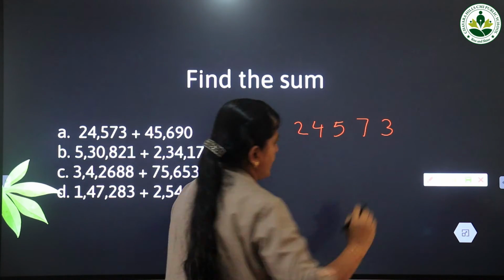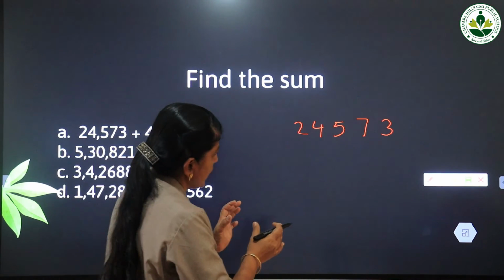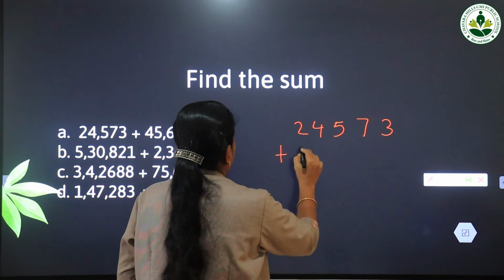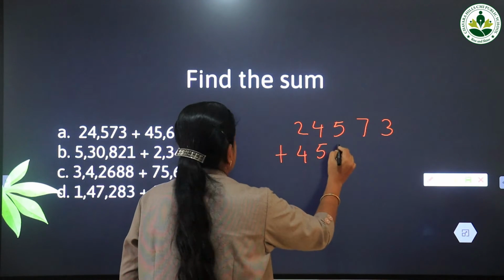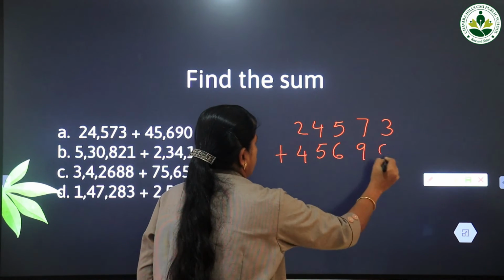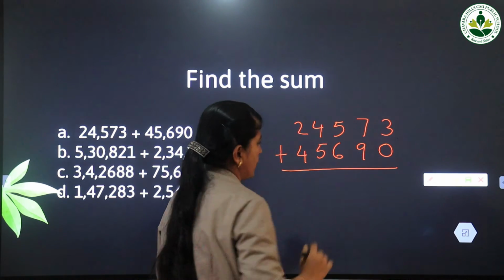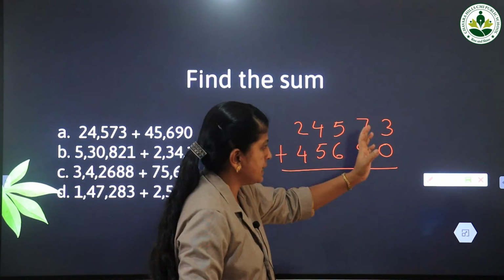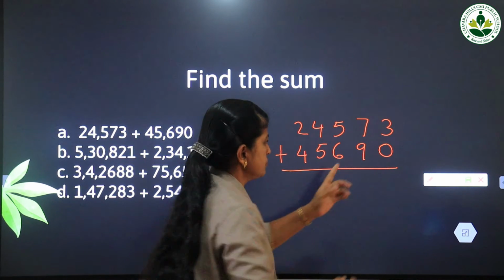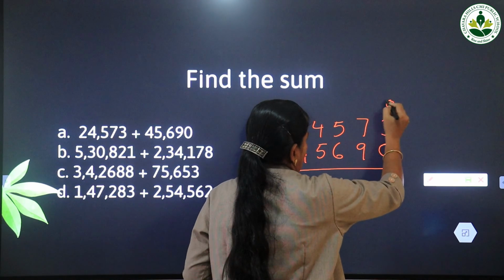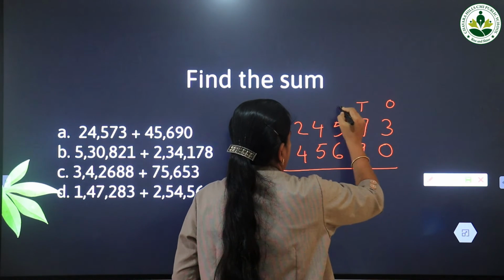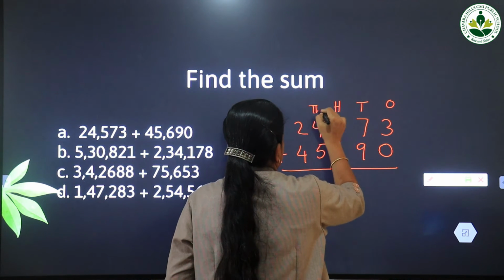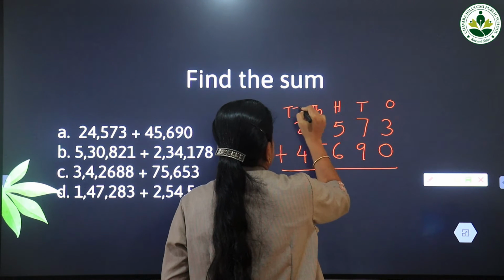When you add the numbers, you have to give some gap in between the digits. Then plus 45,690. Then how do you write the number? You have to write the digits, the same place digit, one below the other. This 3 is in 1's place, 7 is in 10's place, 5 is in 100's place, and 4 is in 1000's place, 2 is in 10,000's place.